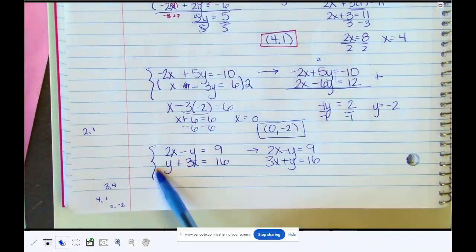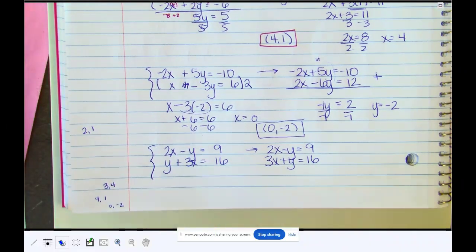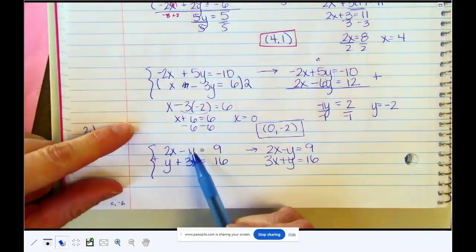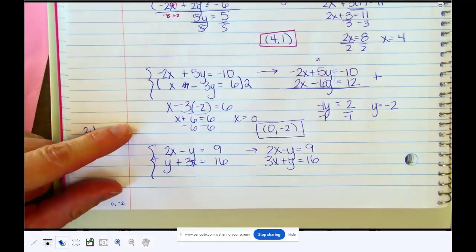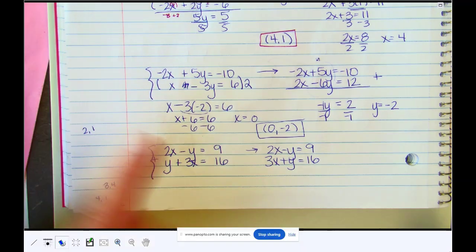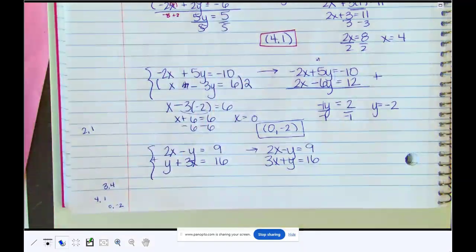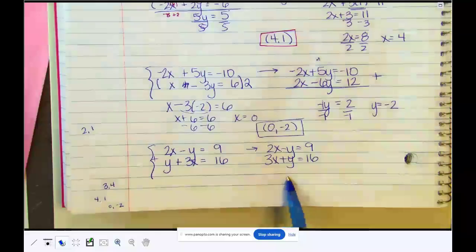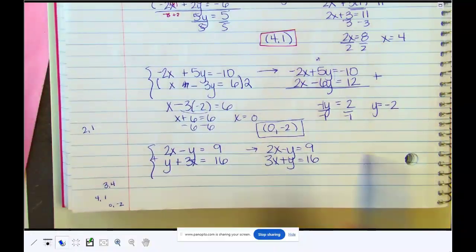So if you look at them, like Camden said, they both add. You can add them together and go, hey, the y's cancel, and that would be how many x's? 5x. Or you can stack them up and rearrange if that makes your brain happier. Okay? Both are fine. If you're like, I have to have them stacked up, that's fine. If you're like, I can see them, that's fine.